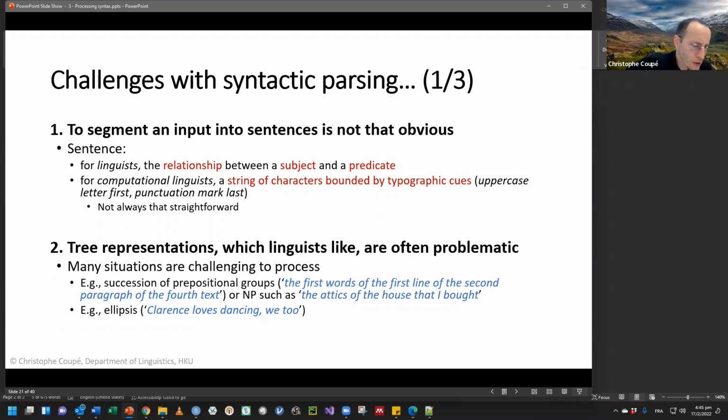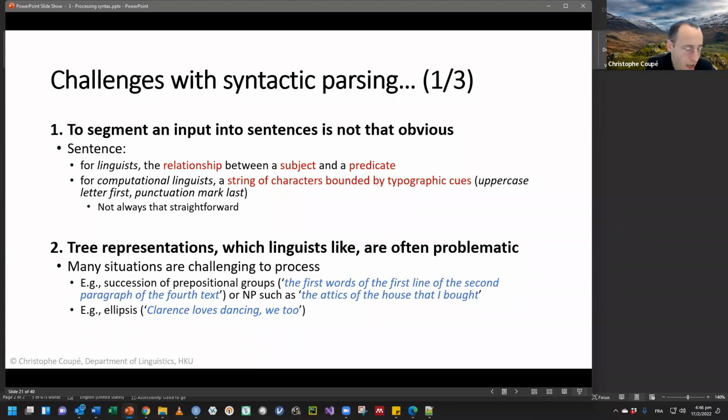And you have stuff like this. Clarence loves dancing. We too. You understand that we too love dancing. But for a computer to understand that the "too" is basically telling you that we also love dancing, what we call an ellipsis here, because the verb, the love dancing, is not repeated twice.